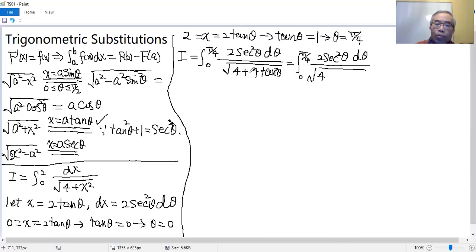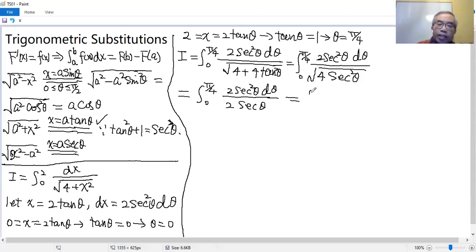The top is still 2 secant squared theta d theta, but the bottom, we get 2 secant theta. We can cancel one factor, 2 secant theta, from top and bottom. So we get the integral from 0 to pi over 4 of secant theta d theta.